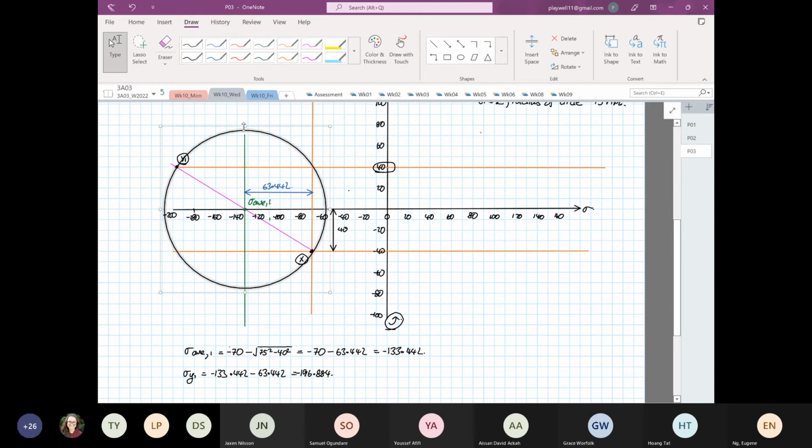Okay. Okay, so this is our first Mohr circle. And this belongs to our XY plane, and it is our in plane.